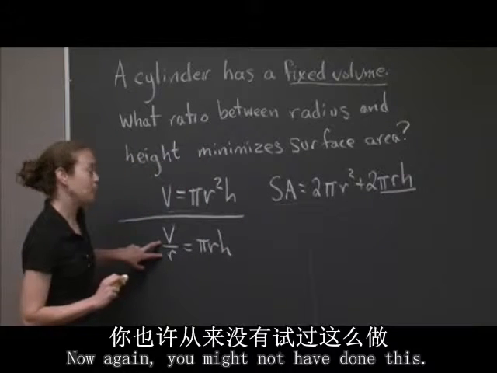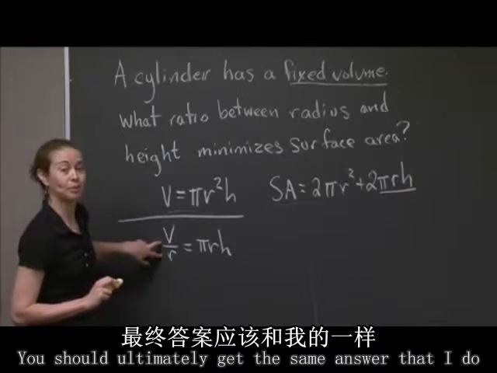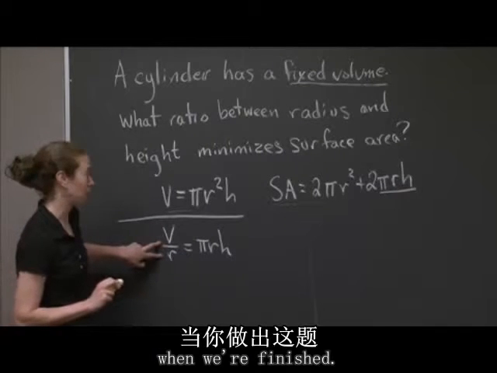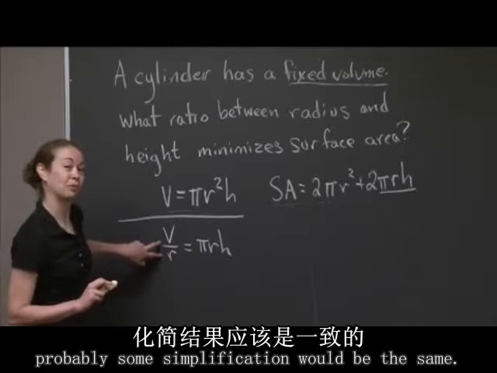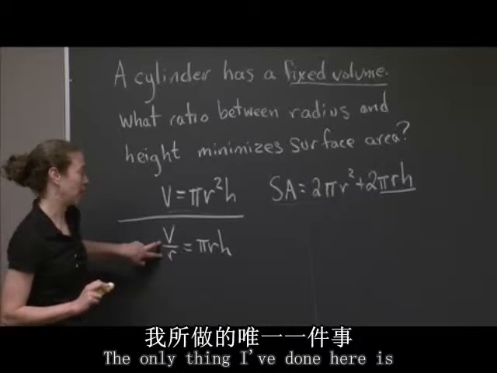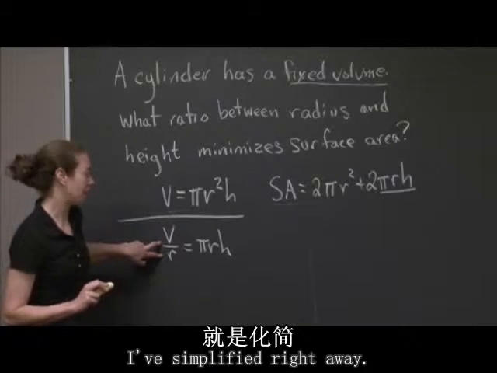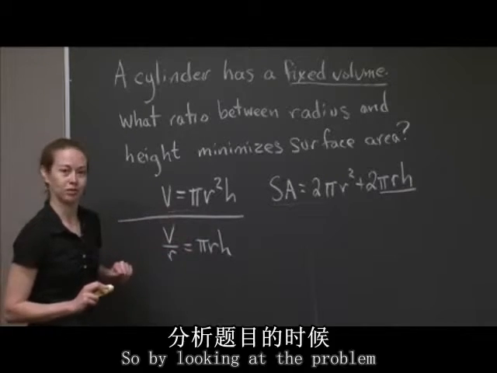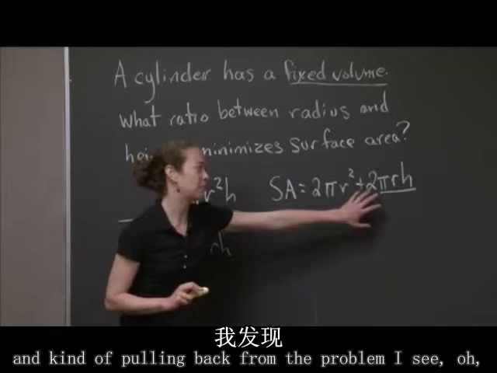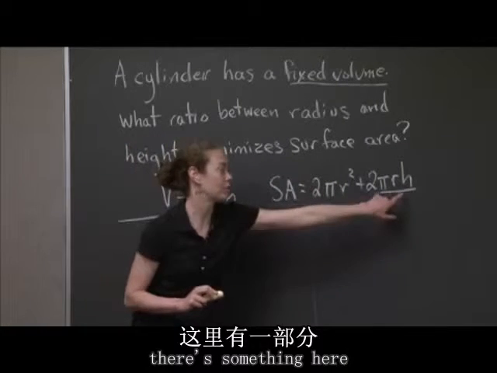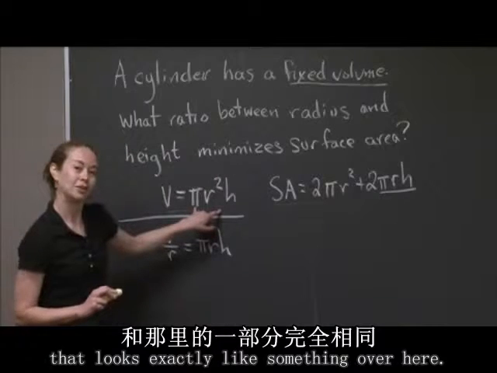Now again, you might not have done this. You should ultimately get the same answer that I do when we're finished, and probably some simplification would be the same. The only thing I've done here is I've simplified right away. By pulling back from the problem, I see there's something here that looks exactly like something over here.